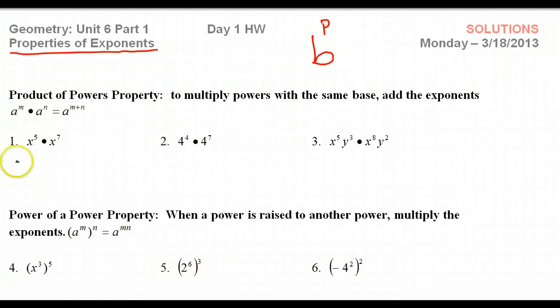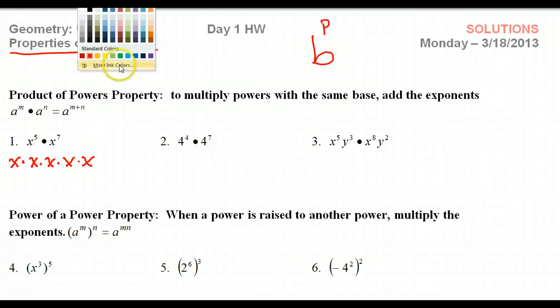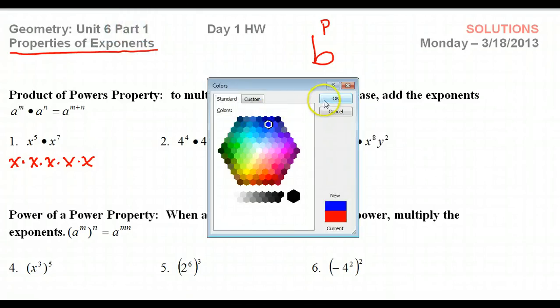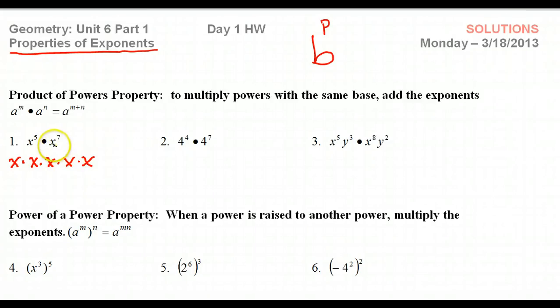Anything to a power, like x to the 5th power, really means x times x times x times x times x. It's 5 x's all multiplied together. But then, if I have x to the 7th power, what does that mean? 1, 2, 3, 4, 5, 6, 7.